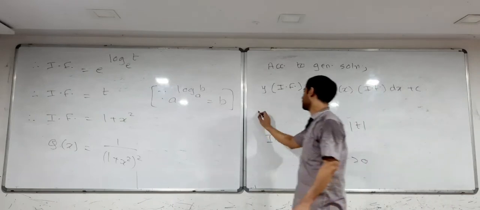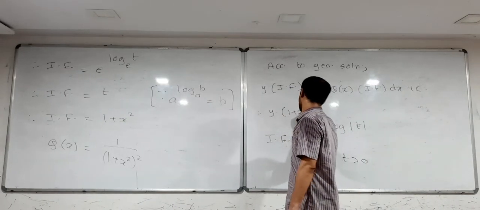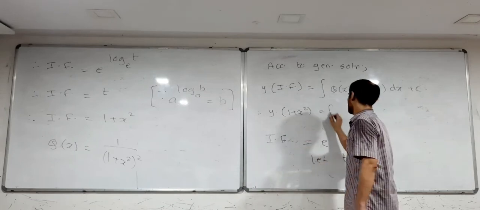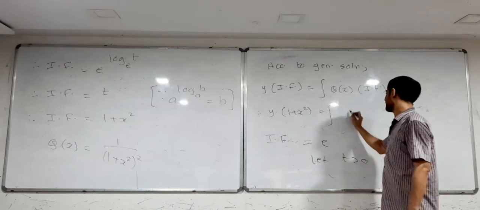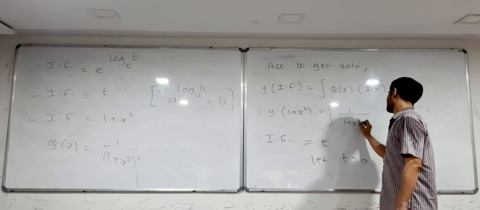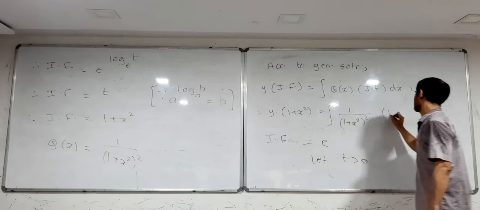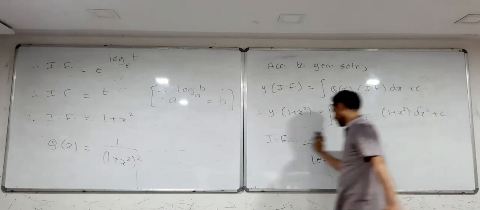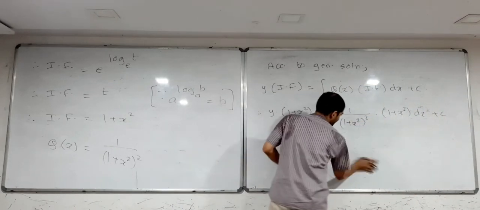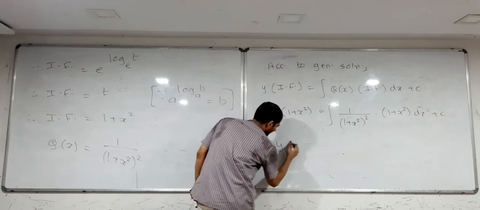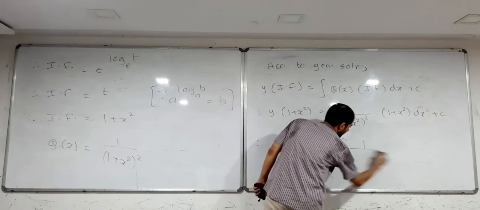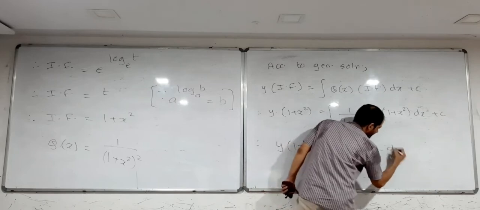So y into 1 plus x square is equal to integration of 1 upon 1 plus x square the whole square into 1 plus x square dx plus c. Now 1 plus x square gets cancelled, so y into 1 plus x square is integration of 1 upon 1 plus x square dx plus c.